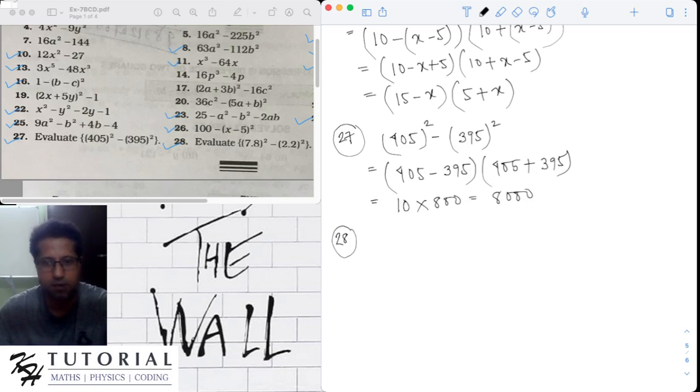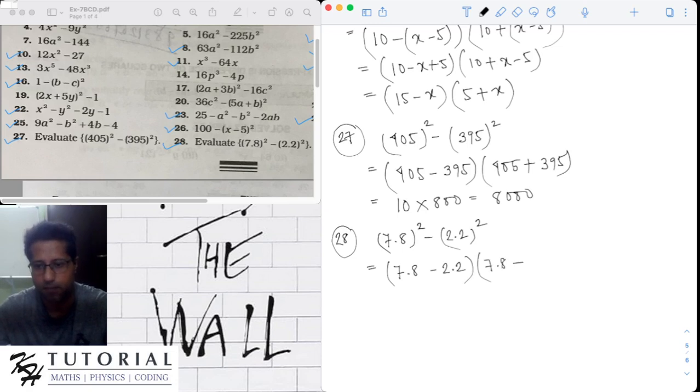28 is the same thing, but the numbers are decimals, that is 7.8 square minus 2.2 square. So we can see it is of the form a square minus b square. So we will apply the factorization identity, a minus b into a plus b. So we get 7.8 minus 2.2 is 5.6, and 7.8 plus 2.2 is 1.